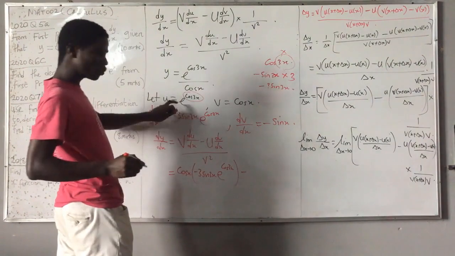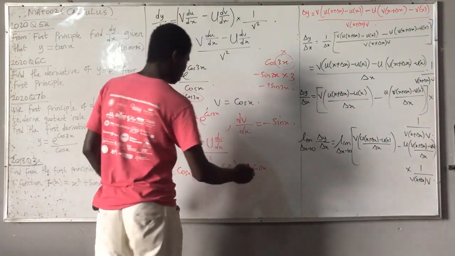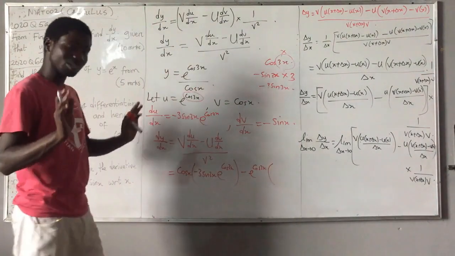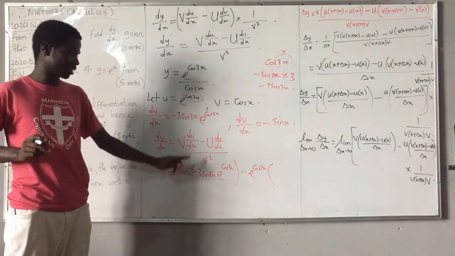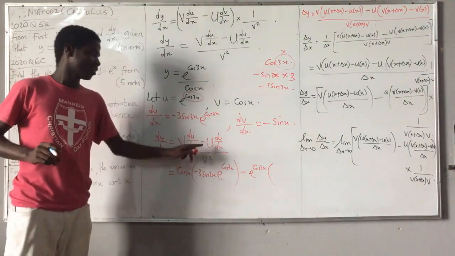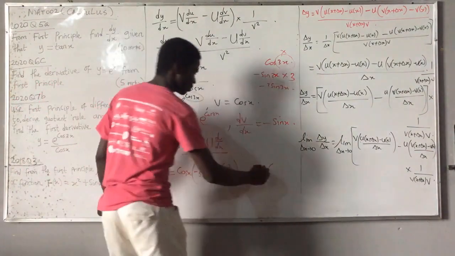Minus u, this is e raised to power cos 3s, multiplied by dv/ds. You see what I'm doing? I'm just using this formula we just derived. V is cos s, du/ds is this answer, minus u, this is u, and dv/ds is minus sine s.